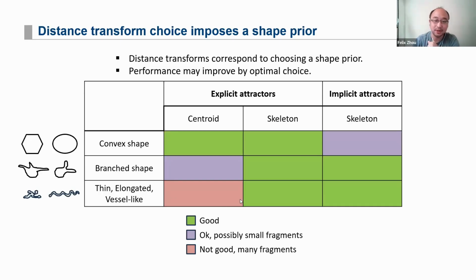And so if you want to be able to do this sort of segmentation approach for all shapes, you need to choose this new skeletal representation and compute it in a specific manner. I don't really want to go into details, it's all in the paper, but essentially this allows you to be agnostic to the different shapes, convex, branching, and even thin elongated shapes.